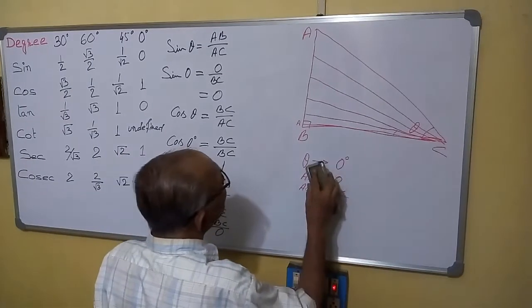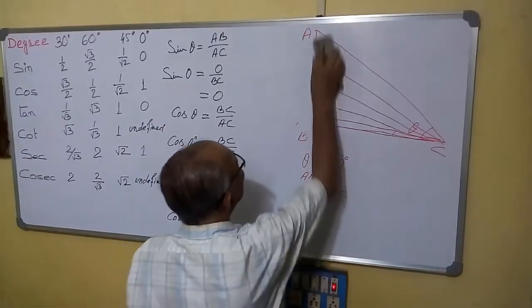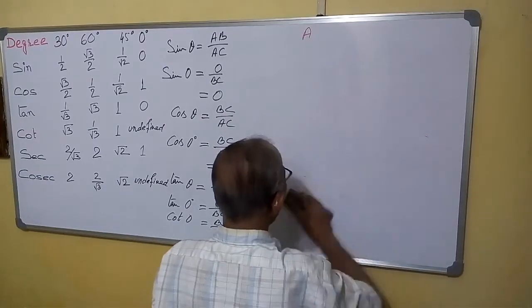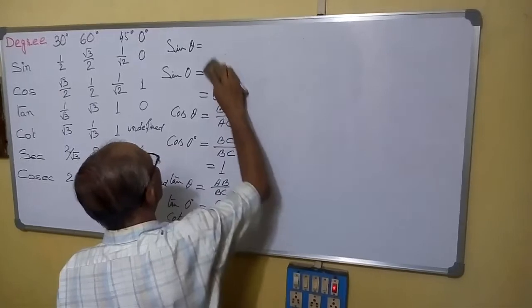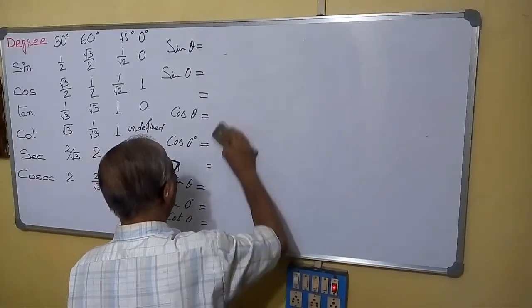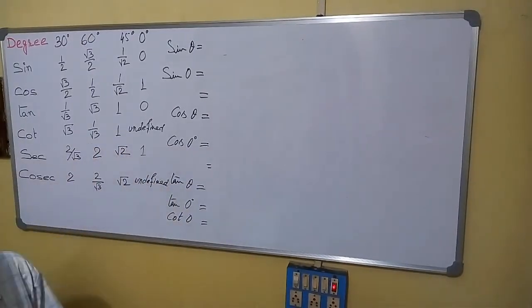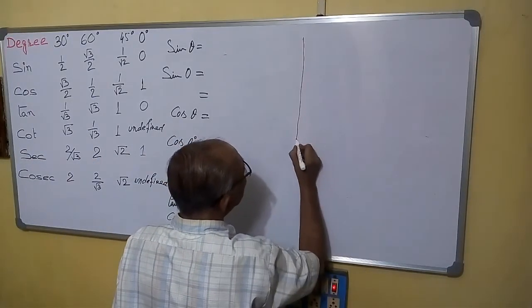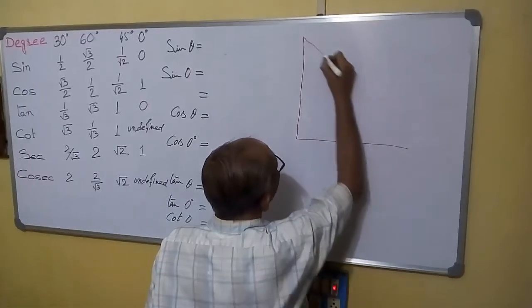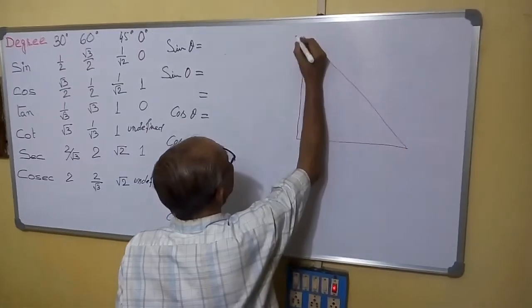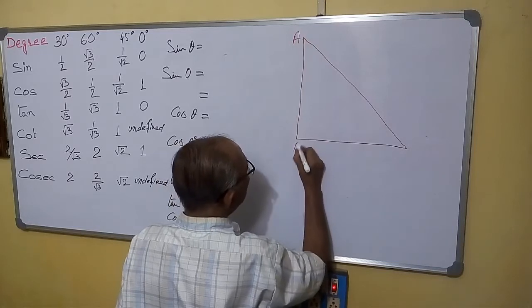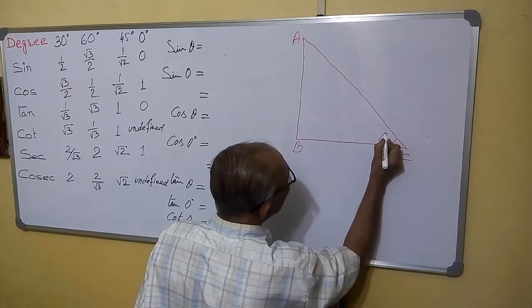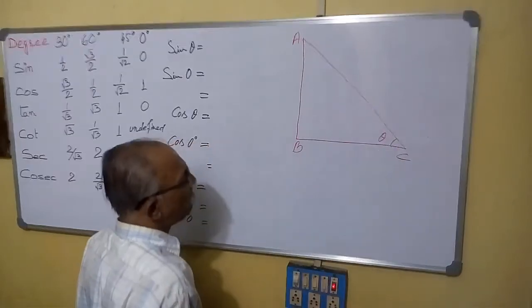Now I will show you one more case, that is 90 degree. Suppose again this is our right angle triangle A, B, C. Let us assume this angle is theta.